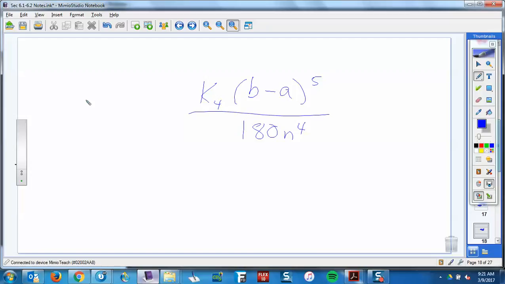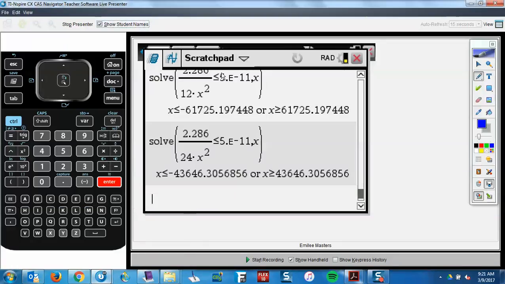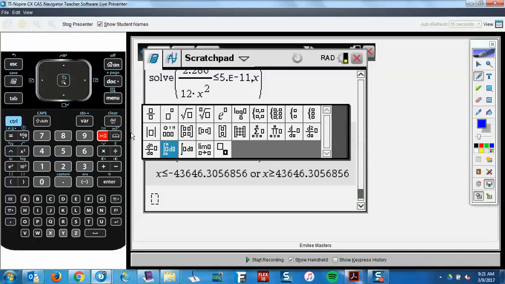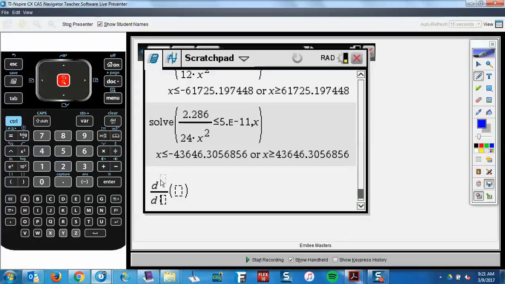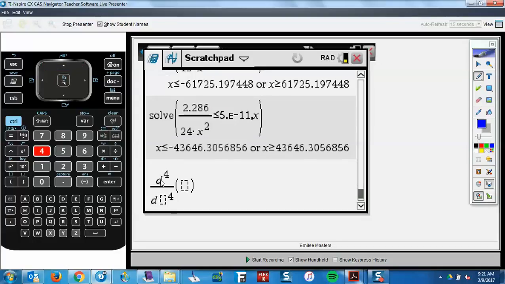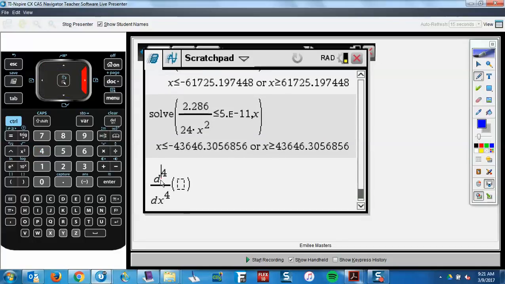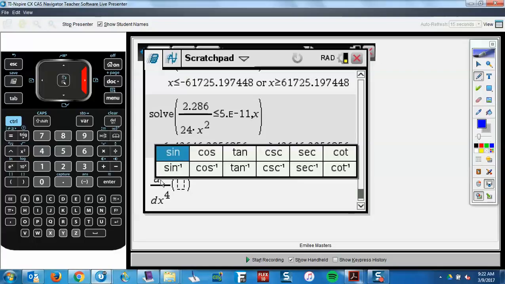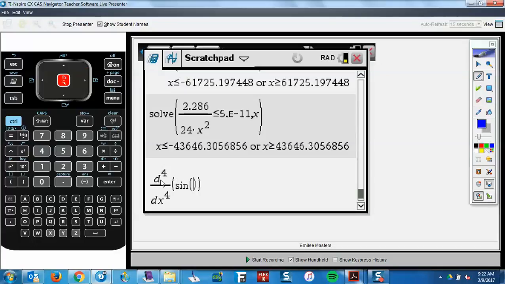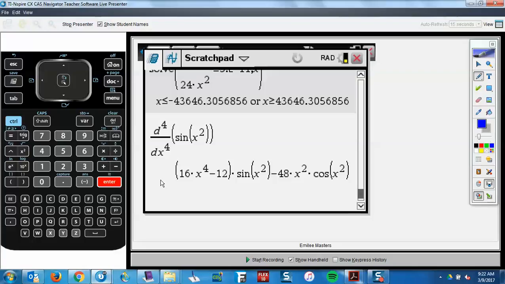On the calculator, Emily, go to here, and you can go to this one right here. This will do the fourth derivative. Put a 4 there, then put x, and then sine x squared. Hit enter.